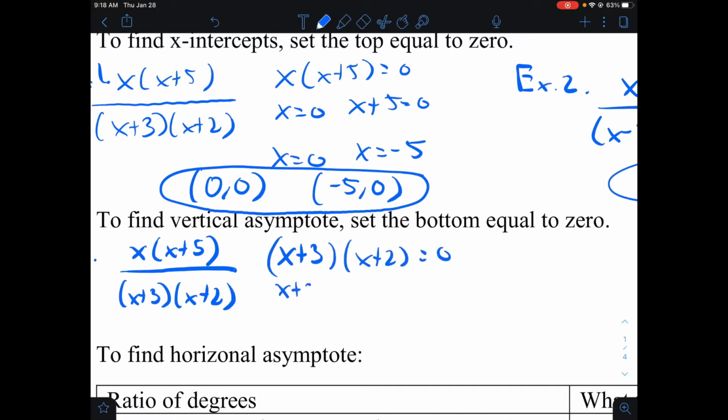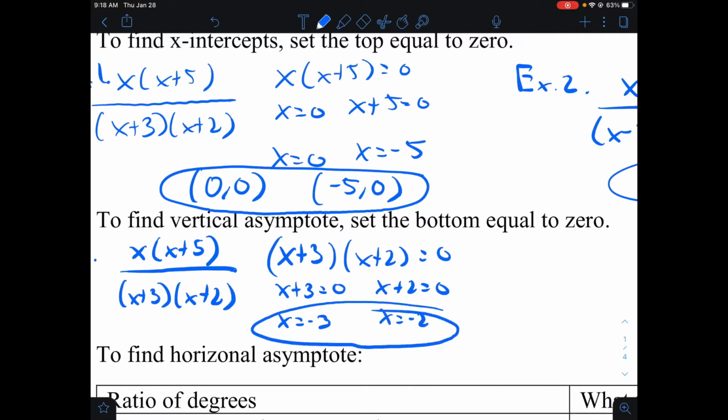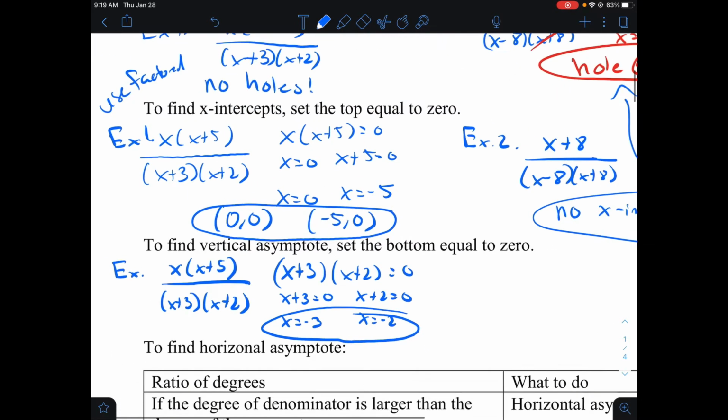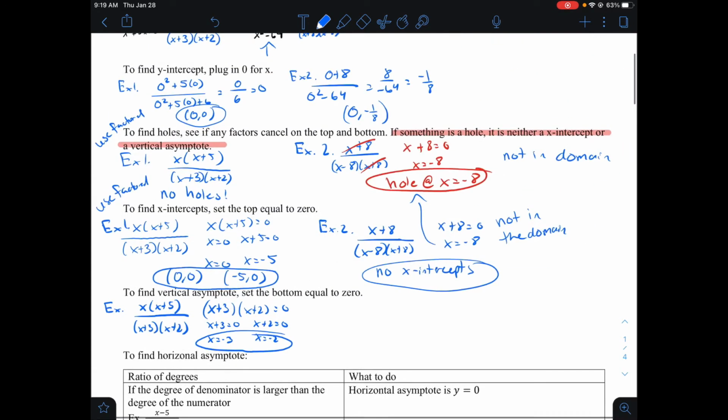So you end up with x plus 3 equals 0 and x plus 2 equals 0, which is going to give you x equals -3 and x equals -2. And those are your 2 asymptotes. Now again, you have to double check, right? Neither of these were holes, so you're good to go. If they had been holes, then they would not be vertical asymptotes.